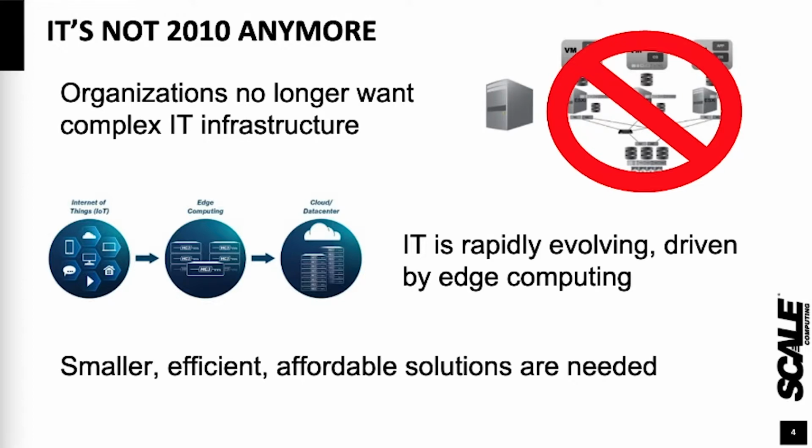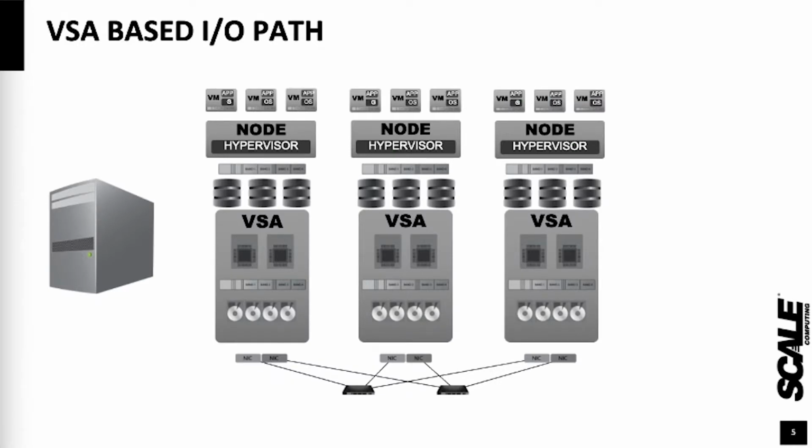And what has happened is that the first iteration of hyperconvergence really didn't change that complexity. It just hid it. So when you look at hyperconvergence, when you have to run in a Hyper-V or VMware environment, what all of our peers do looks something similar to this.